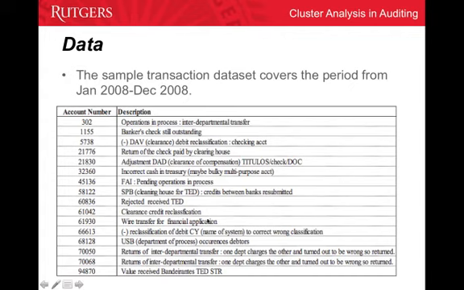For example, account 302 is for operations in process, which is a form of interdepartmental transfer, and account 61930 is for wire transfer for financial applications, and accounts 70015 and 70068 are for return of interdepartmental transfer.